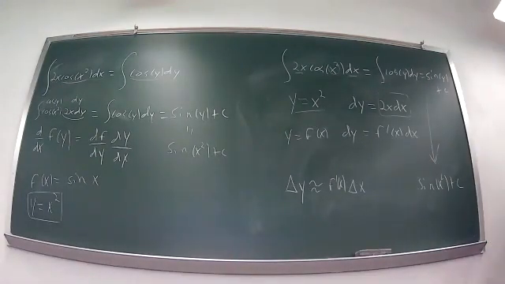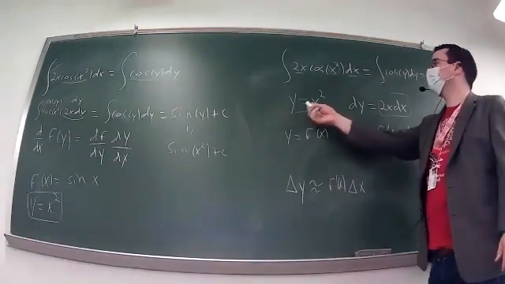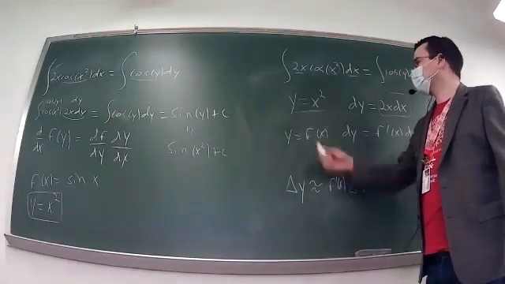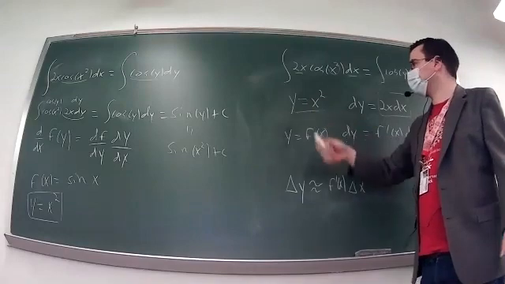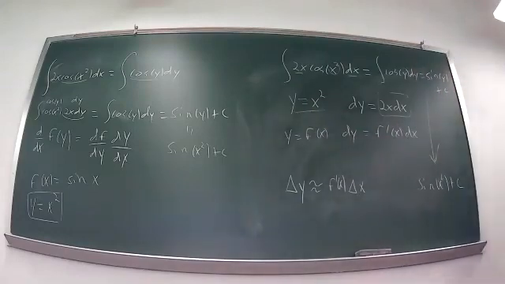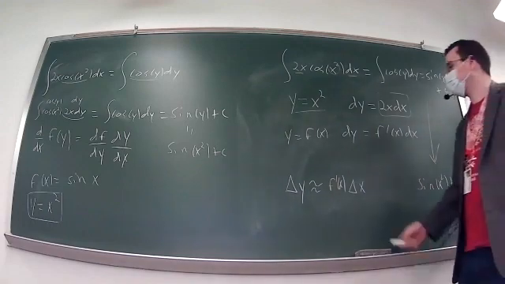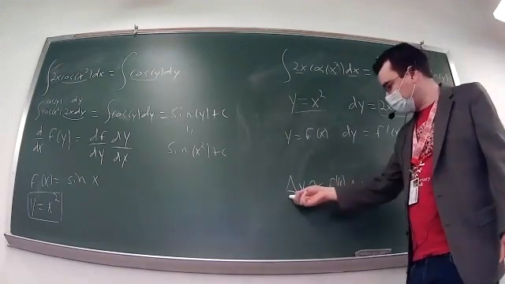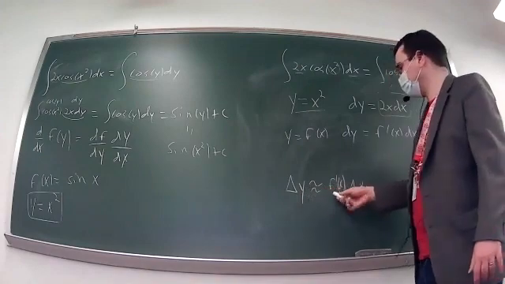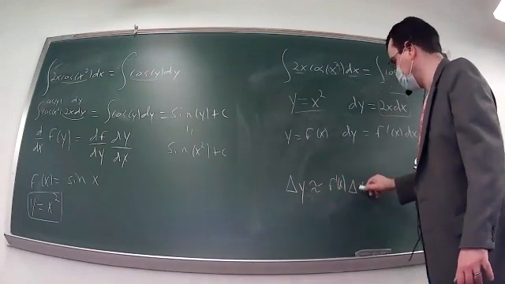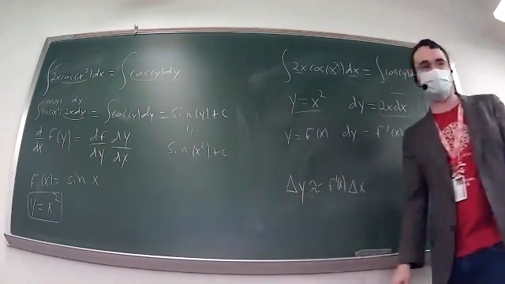What we're thinking of here is changing the variable from x to y. So you've got a variable y related to variable x by y equals x squared. And therefore, a small change in variable y would have to correspond to a small change in variable x times that derivative.